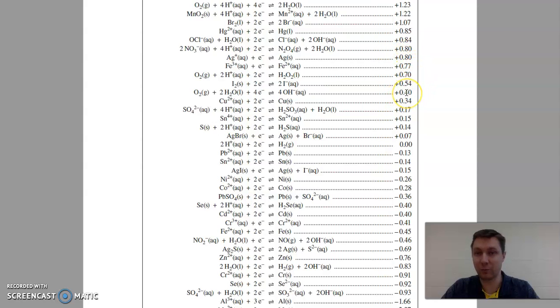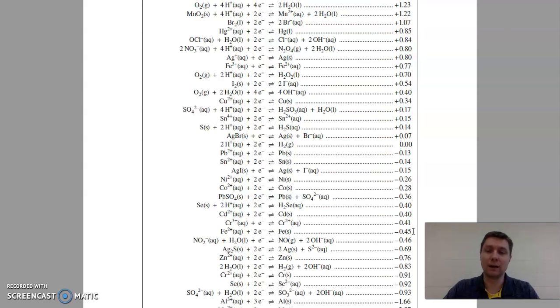So this would be a negative 0.4 volts, and this would be a negative 0.85 volts down here. Or sorry, this one would be even a little bit different. Anyways, you can take those two numbers and you can combine them, and you'll see that the answer that you would get, whether with the new numbers or the old numbers, the net electrical potential would be the same. It would be a positive 0.85 volts.